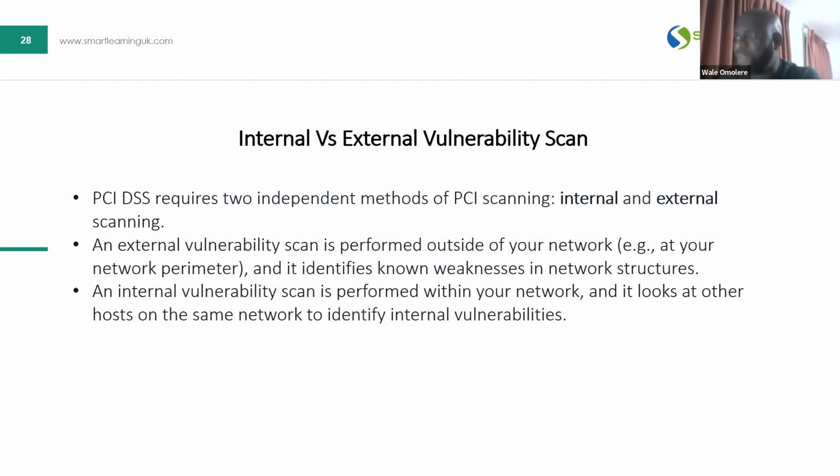All right. So if you notice here in my notes, sorry, in the slide here, I said PCI DSS requires two independent scans. I want you to note PCI DSS. As a matter of fact, if you remember yesterday, I was teaching you about what sometimes necessitates vulnerability scan. And we said vulnerability scan can actually be necessitated by regulation.